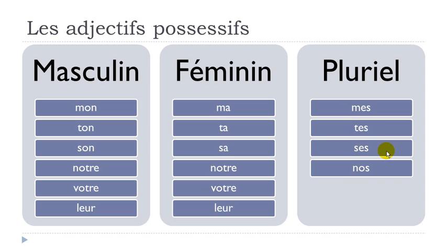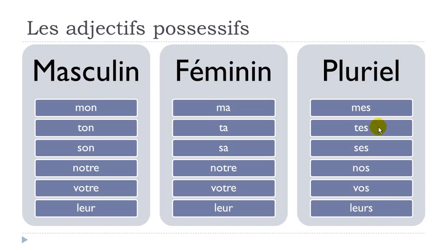And then for the plural, nos, vos, and then leur. Remember, even if you've got this final s, you don't pronounce it, as was the case already for this word: nos, you don't pronounce the final s, vos, you don't pronounce it, leur. So if we see that one more time, it's me, te, se, and then nos, vos, leur.